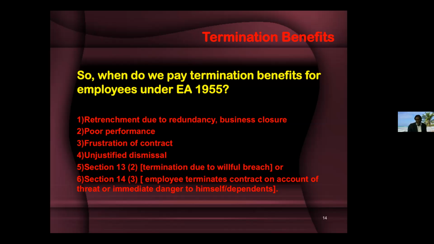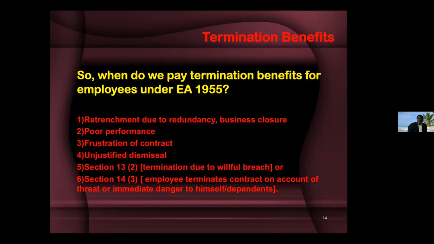I'm sure there's many of you. Because it's not commonly known that, in actual fact, if you dismiss someone on the grounds of poor performance, you have to pay termination benefits. Because, as I mentioned earlier, it's outside the scope of Regulation 3. Okay, so that is one aspect we have to look at.